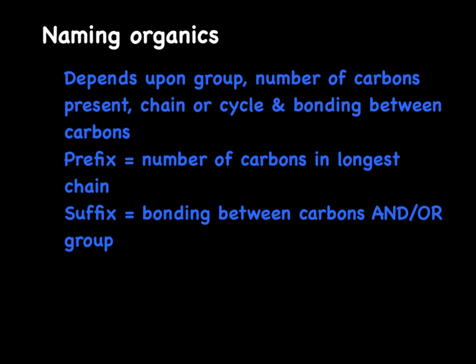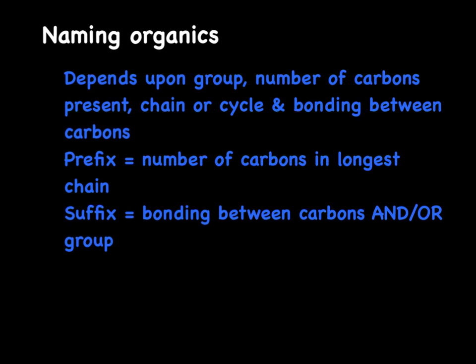So what chemists decided to do was to break the name into a prefix, the start of it, and talk about the number of compounds. And in this case, we'll talk about the chains. So in the longest chain, in our course, we only have to know the names of carbon compounds that have 6 or less.